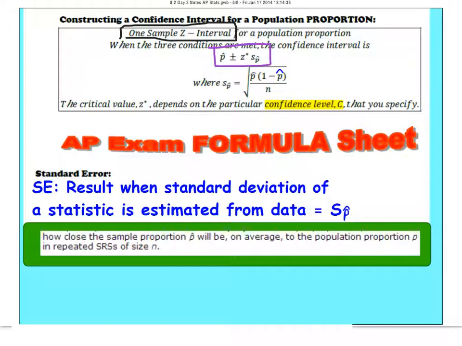This is on average how much error we're going to have in our p hat estimation. So this right here is another way to say it: how close the sample proportion p hat will be on average to the true population proportion in repeated samples. So it's kind of like the error we have in p hat as we're trying to come up with the true p parameter for the population proportion.